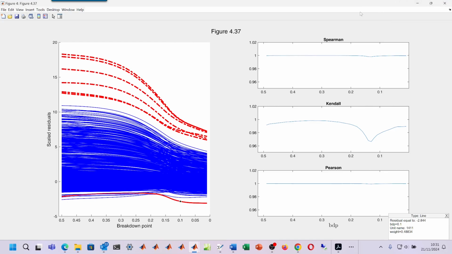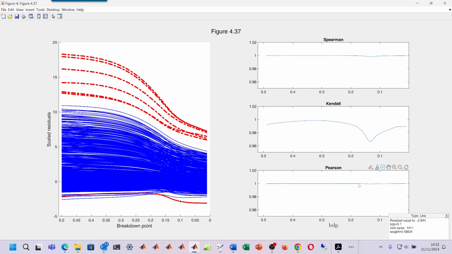So before you continue, Marco, just look at that plot on the right. In the book, there are 3 dips, but in this one, the Spearman and the Pearson do not have dips. Well, it depends on the scale that you use. In fact, in the book, we used a scale which was very, very close to 0.99.